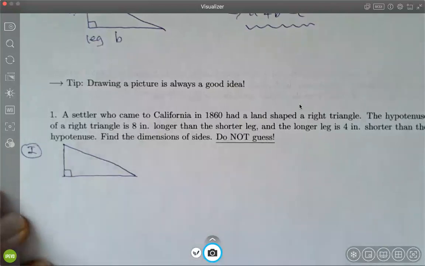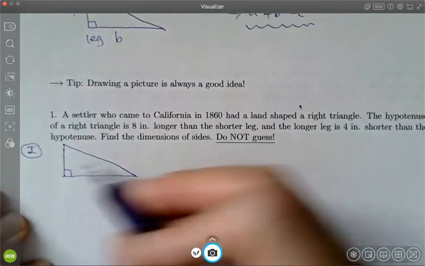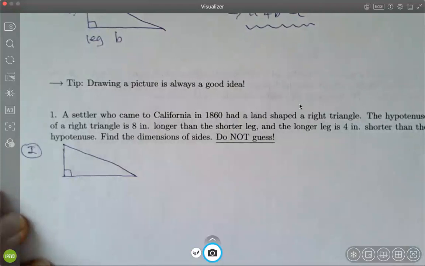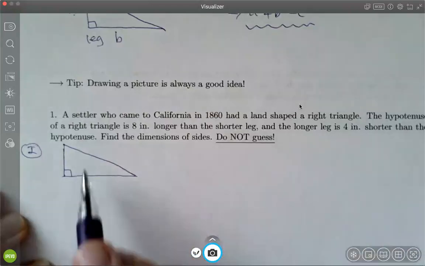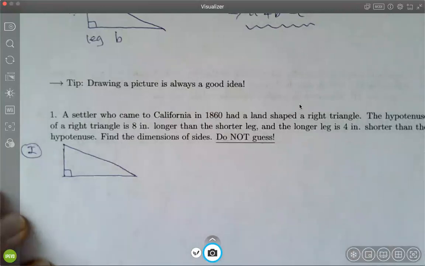So there are 3 unknowns. However, only one of them can be set as x, okay? Because we cannot set x, y, and z or a, b, and c, because then there are 3 unknowns, right? So only one of them can be x. Now, based on how the statement in this problem is given, what seems to be the best to be set as x?